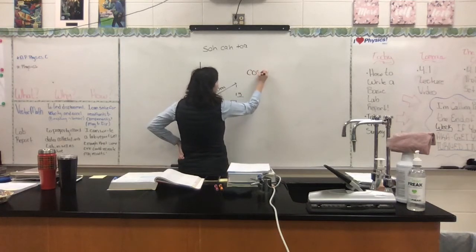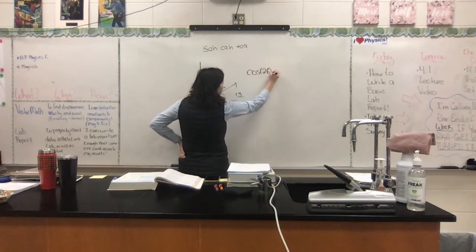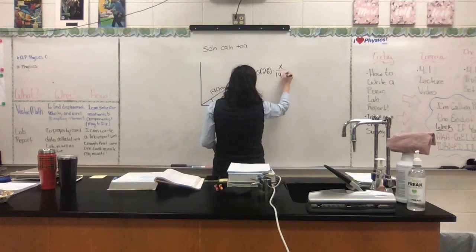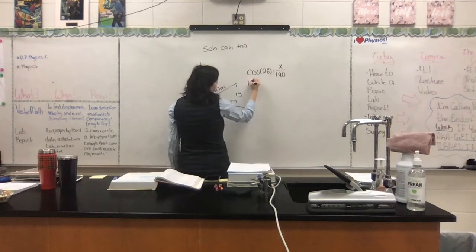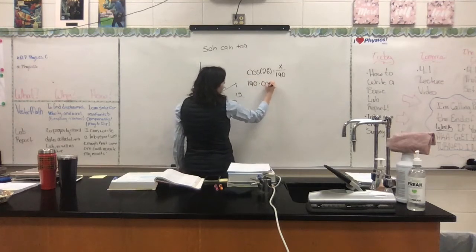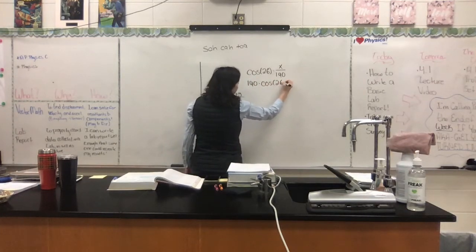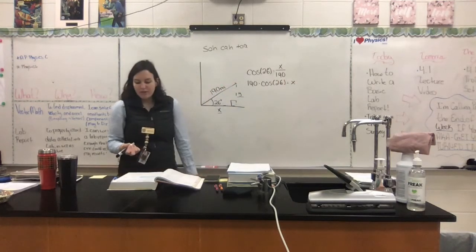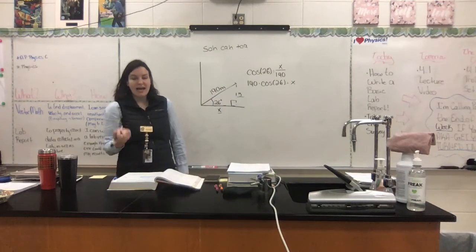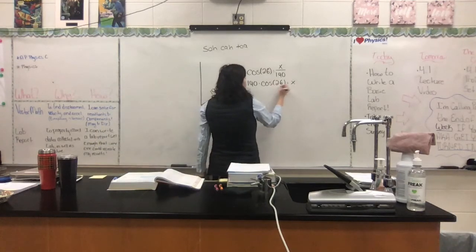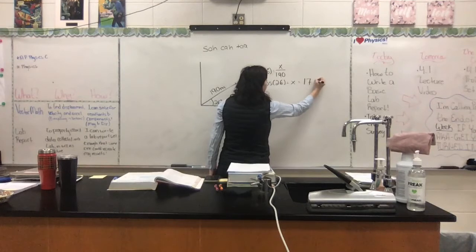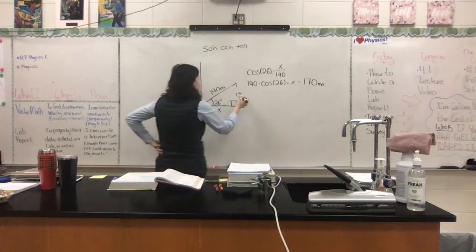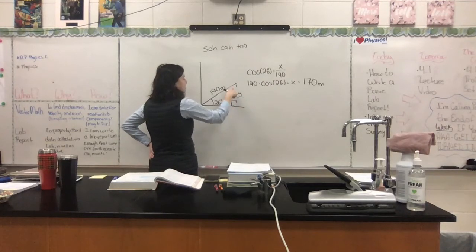So I'm going to say cosine of 26 is equal to x over 190, which means that 190 times cosine of 26 equals x, okay? So if we do that, we're going to find out that the x displacement is 170 meters, okay?